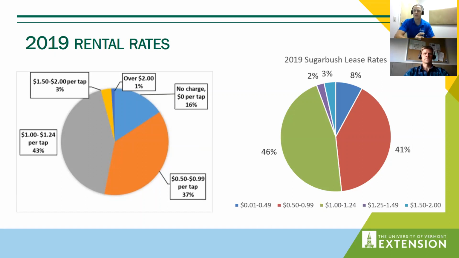Actually, we had 0 responses that were $1.25 to $1.49, and then a very small number of people that were $1.50 to $2. And then I think maybe 1 or 2 cases overall over $2. So, in a second, we'll show you some breakdowns by state, but we know that sweet spot is somewhere between 50 cents and $1.24 for the majority of people in different locations.